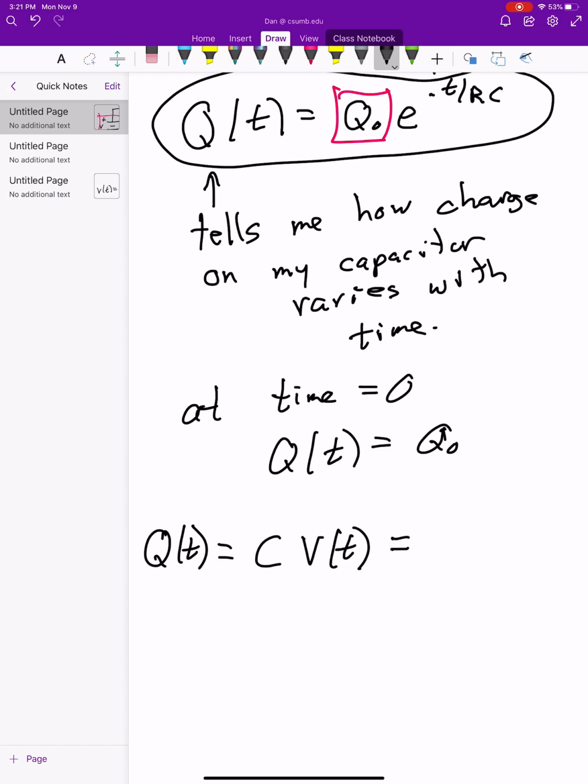So what I'm going to do then is wherever I see a Q, I'm going to put Q equals CV. So I'm going to do that substitution everywhere. This is that equation we always use to relate charge, capacitance, and voltage. So my Q0 is going to be equal to C times my initial voltage, which is my battery voltage.